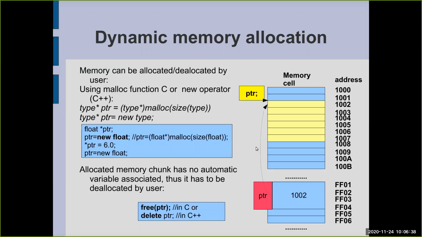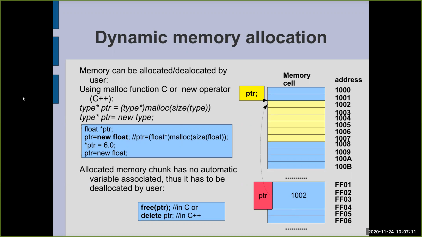So now I'd like to tell you how dynamic allocation works. So there are two ways, depending on using C++ or C. For us, the C++ is the base programming language, so I only mention allocation in C briefly.